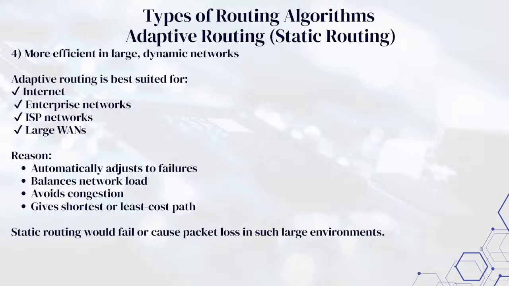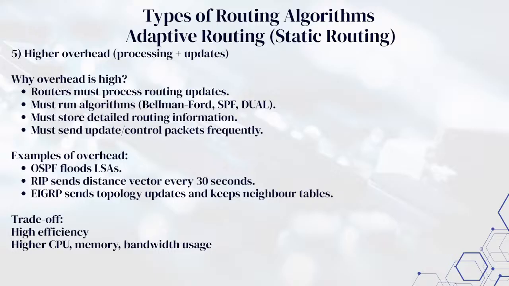Now the last point is higher overhead, meaning processing plus updates are both happening here. Why is the overhead high in adaptive routing?